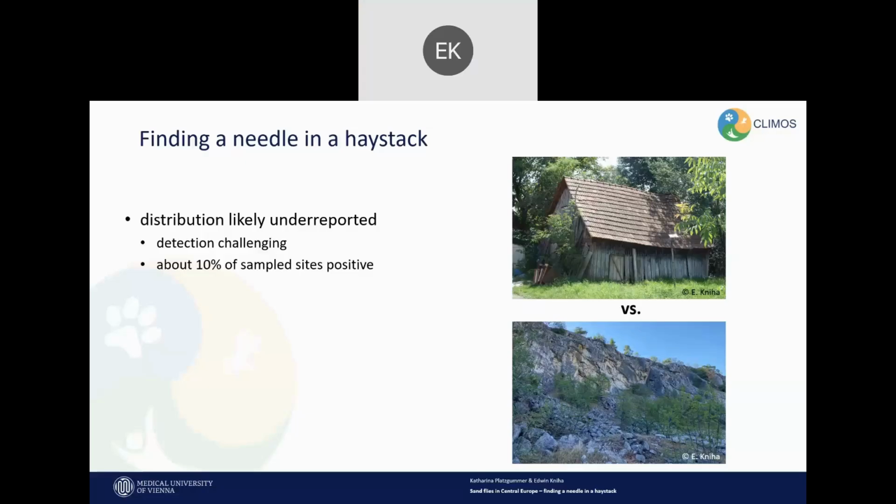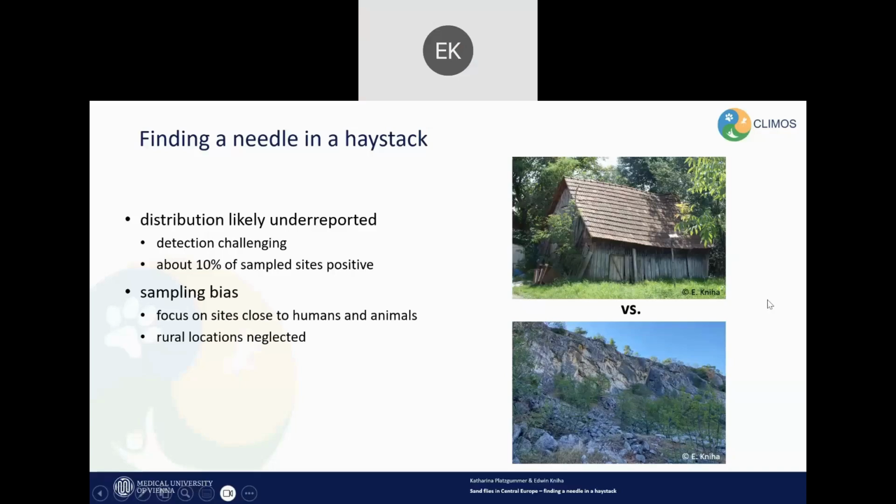And moreover, if you look at the trapping success, then we approximately only see 1 out of 10 sampled sites positive, which makes it very, very hard to detect, because we have to sample a lot of sampling sites in order to find a positive one.